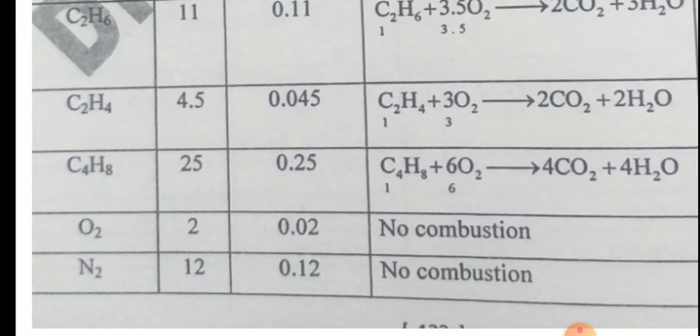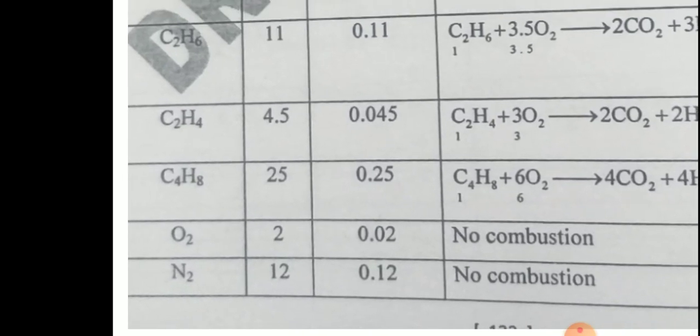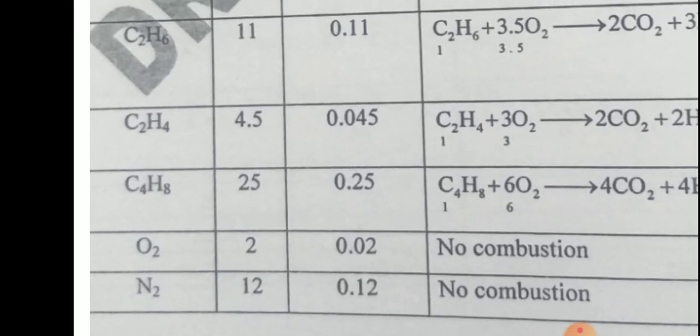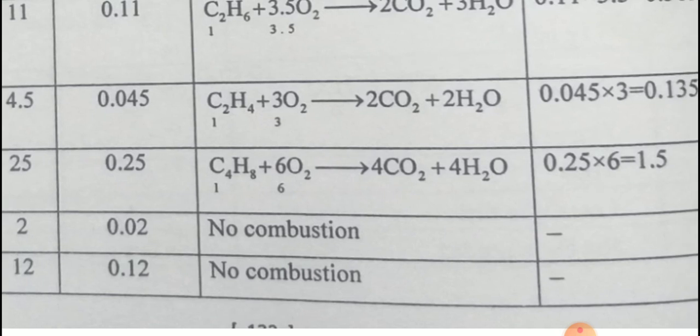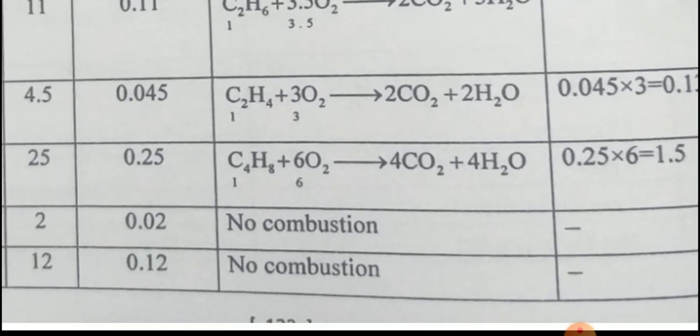For ethene, 4.5% is converted into meter cube, 0.045 meter cube. The combustion reaction shows that 1:3 is the oxygen needed for ethene. The oxygen requirement is 0.135.